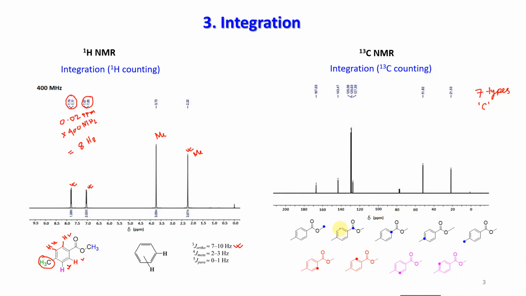Now if you look at the structure, you have 1 2 3 4 5 6 7. So you have 7 carbons. So if you look at, I have marked them. So this is one, this is another carbon, this is the third carbon type, fourth, this is the fifth one.